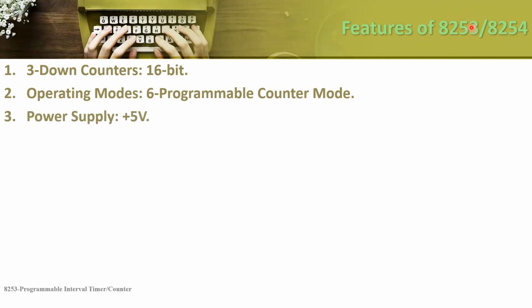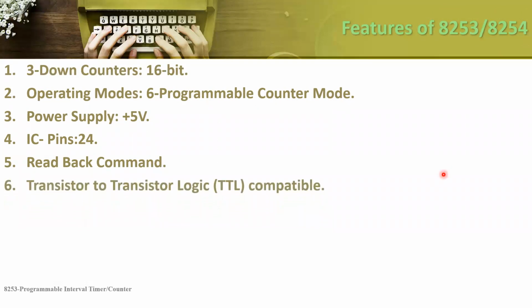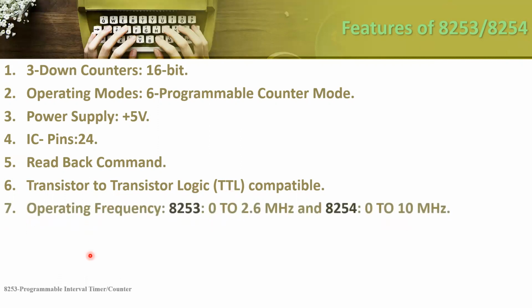As it is an IC, in order to make it operational we need to provide the power supply, which is plus 5 volt in this case. The IC pins are 24 in 8253. We have the readback command support in 8254. These ICs are compatible with TTL, that is transistor-transistor logic.